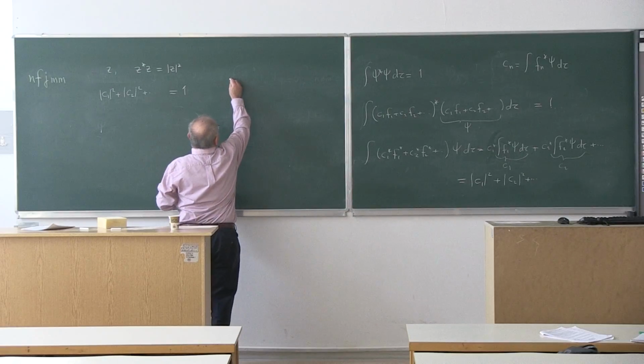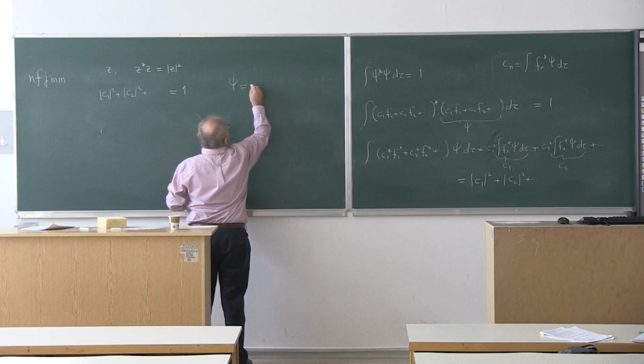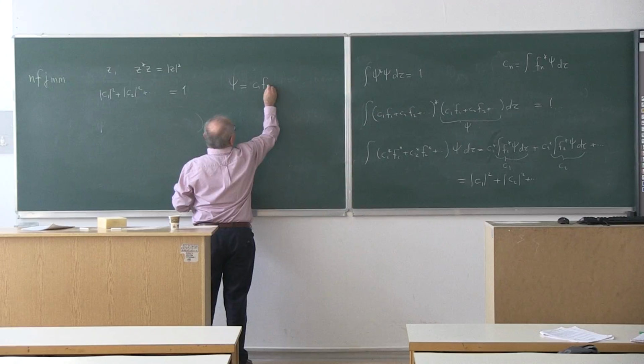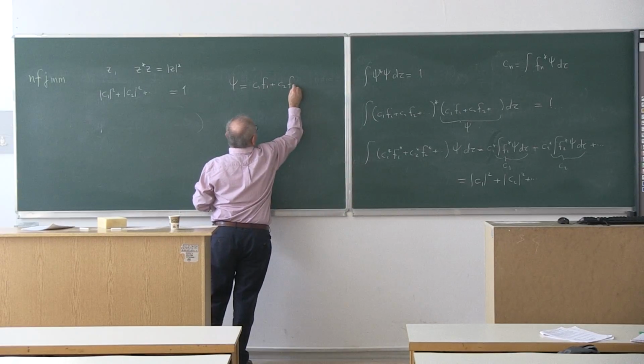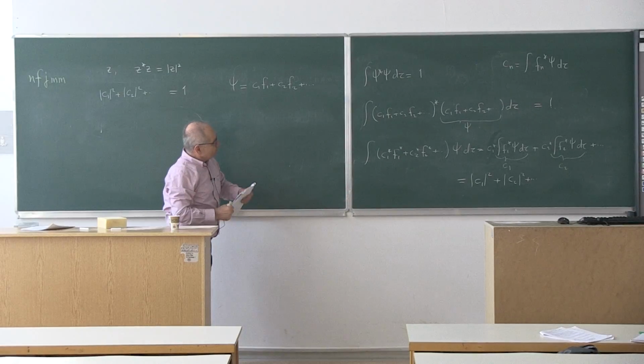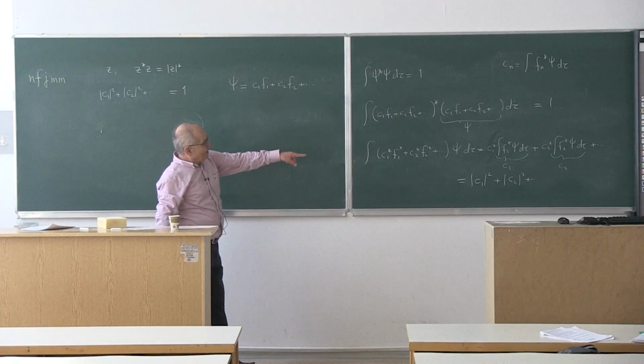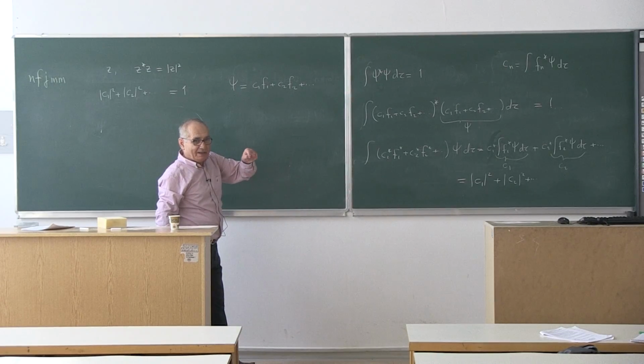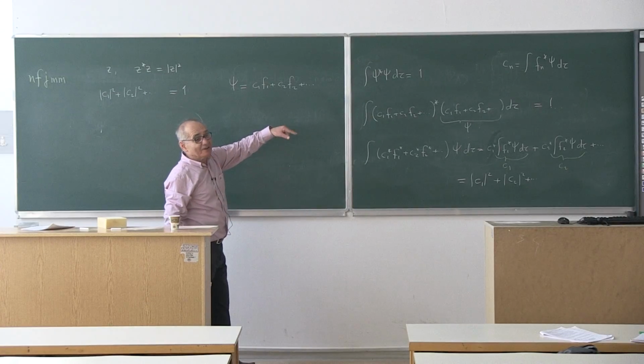So let us remember what it was. The psi was expanded this way. The square of any one of the coefficients is interpreted as the probability of finding the system in that eigenfunction.